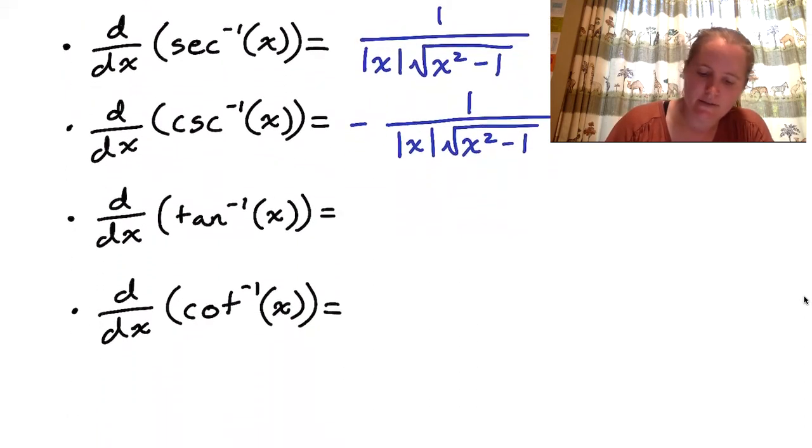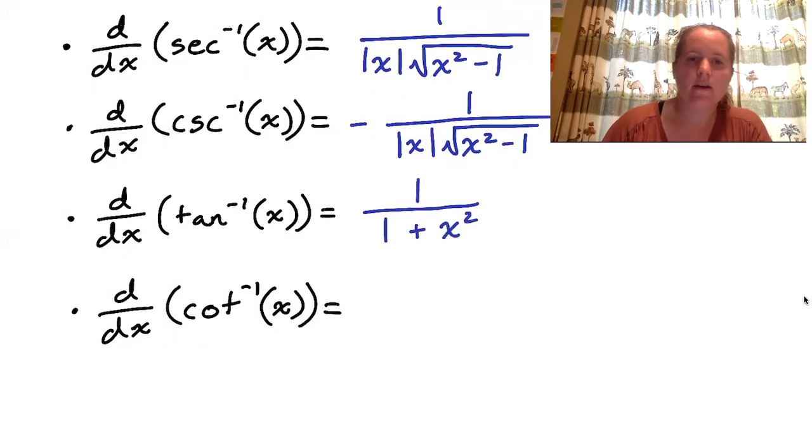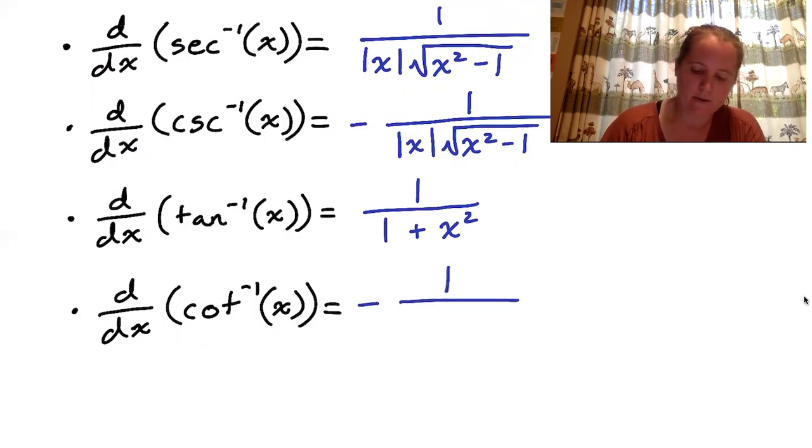Derivative of tan inverse is 1 over 1 plus x squared. And the derivative of cotangent inverse of x is negative 1 over 1 plus x squared.